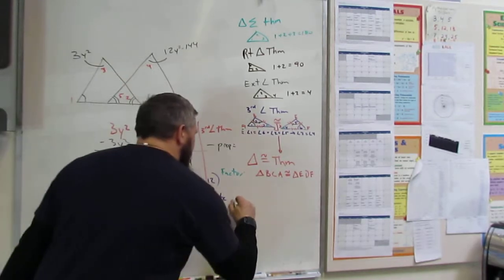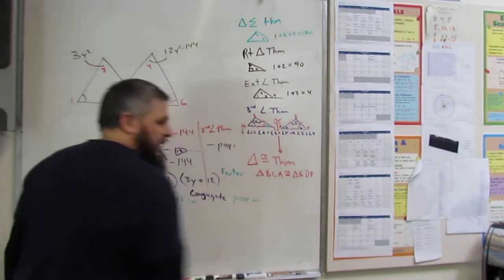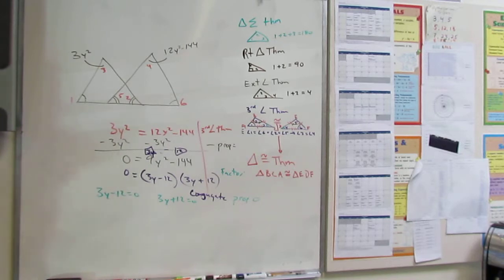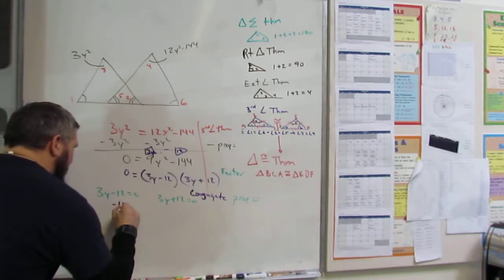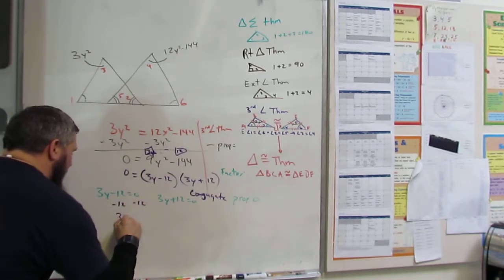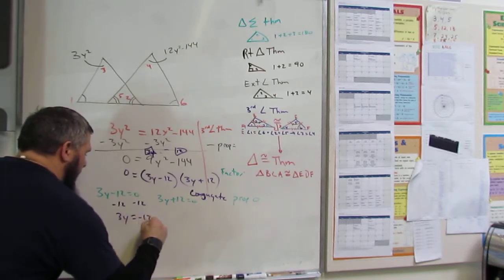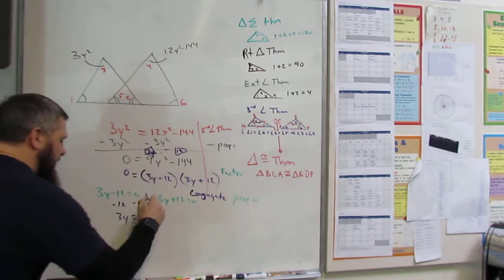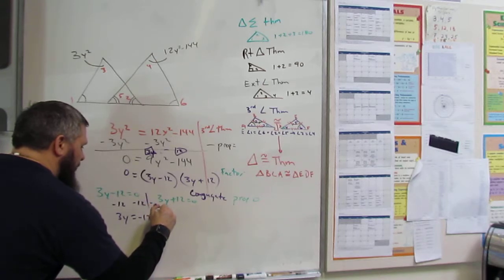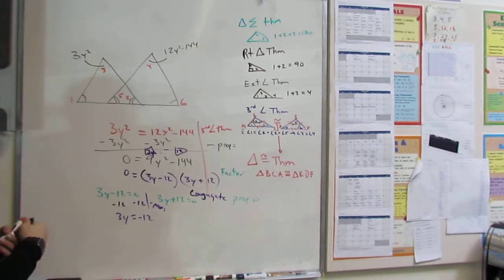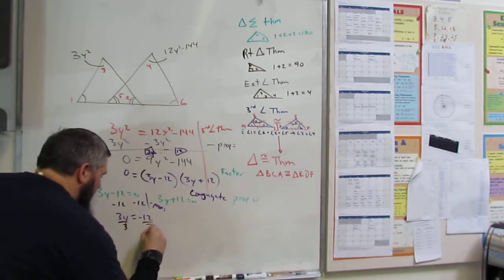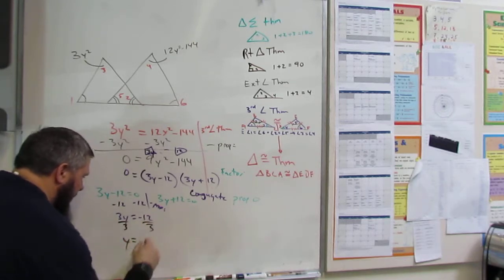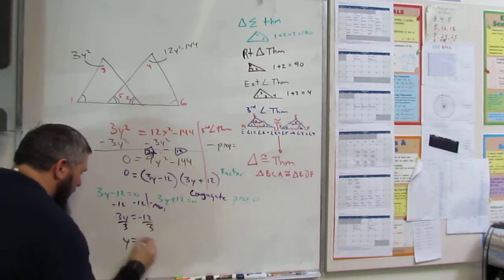Then we subtract 12. We get 3y equals negative 12, and that's the subtraction property of equality. Then divide by 3. I get y is equal to negative 4.